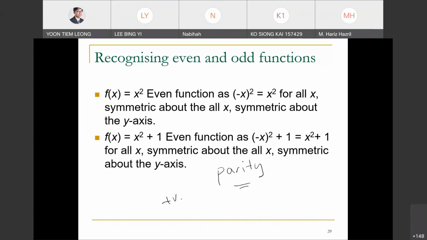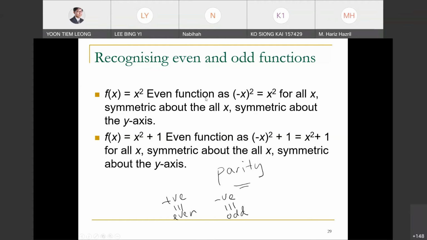Positive parity is synonymous with saying the function is even. A function which has negative parity is equivalent to saying the function is odd. So the function is odd means it has negative parity. The function is even means it has positive parity.